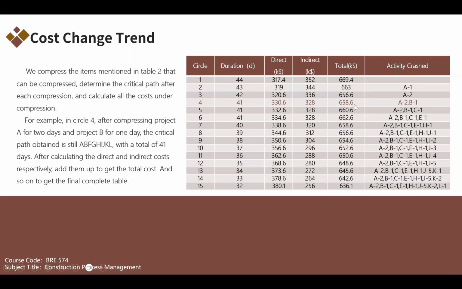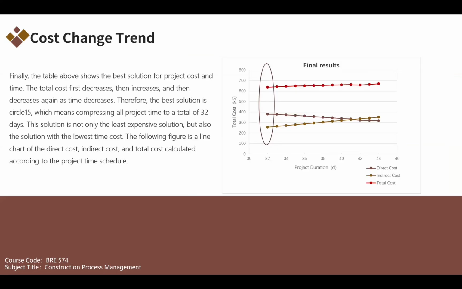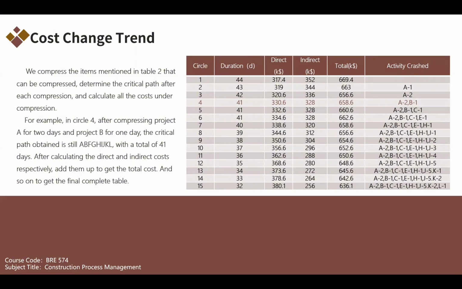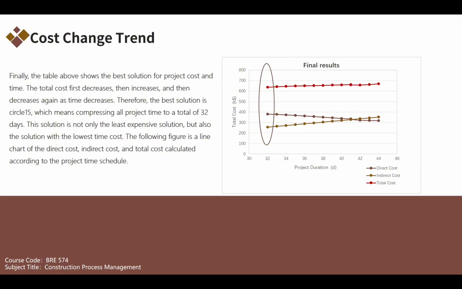The table is completed by analogy. The final table shows the cost decreases first, then increases, and then decreases again as the time decreases. The best solution is Circle 15, and the total construction period is compressed to 32 days. This solution has the lowest cost and takes the least time.